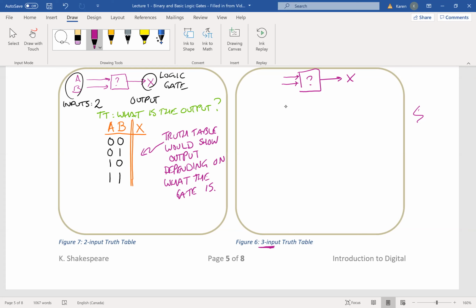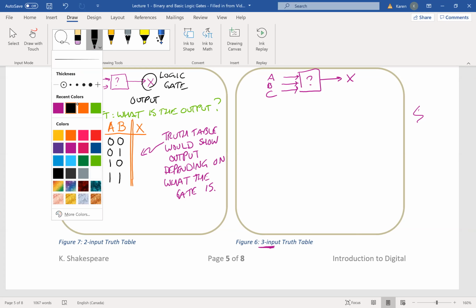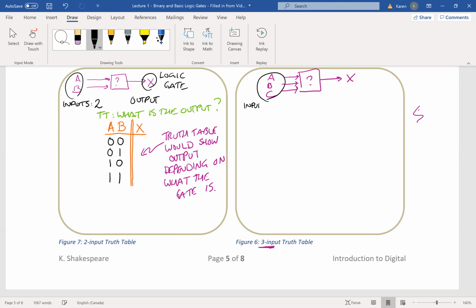There we go. 3 inputs, A, B, and C. So that's what it looks like. So the inputs are, there's 3 of them. The output, there's just 1.